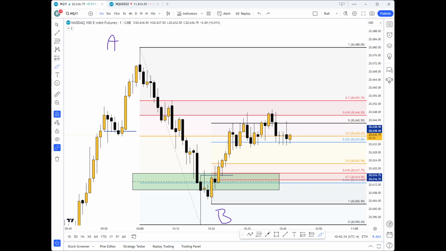I'm willing to give this a little bit of time. Even though we're in a range, because I think it has to deliver where it wants to go after failing higher.